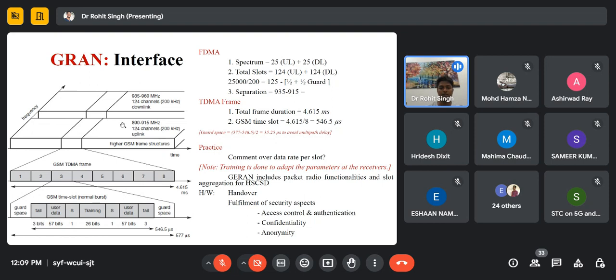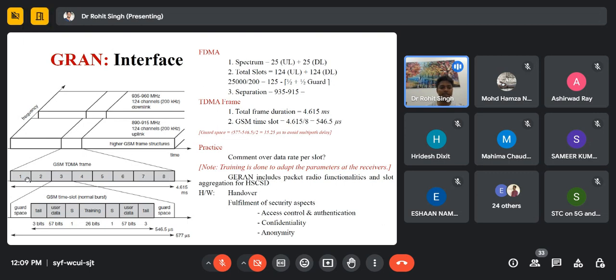So 25 megahertz divided by 200 kilohertz will give you around 124 or 125 channels. So 124 channels are available for uplink, and 124 channels are available for downlink. But you cannot use such channels at all times. You will assign only some of the slots.